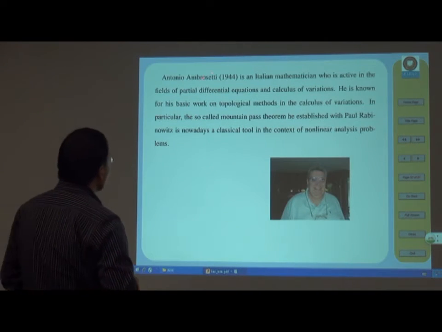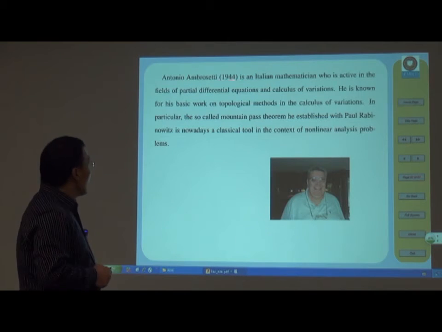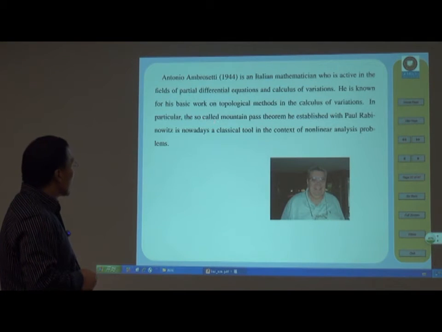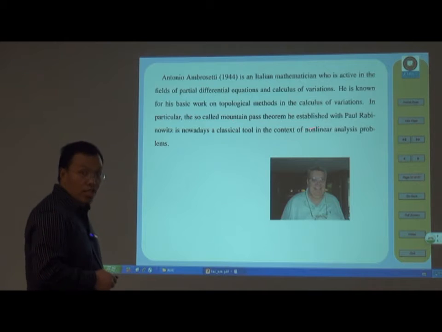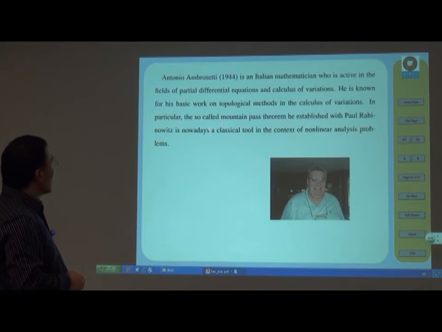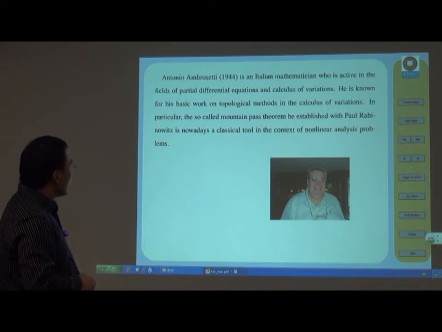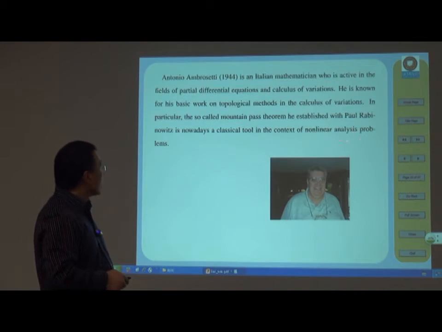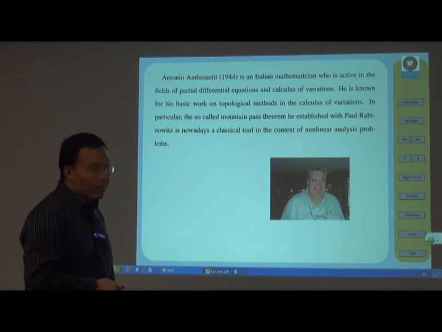And this is Ambrosetti, and Ambrosetti and Rabinowitz gave the mountain pass lemma. This is a classical tool in the context of nonlinear analysis problems.